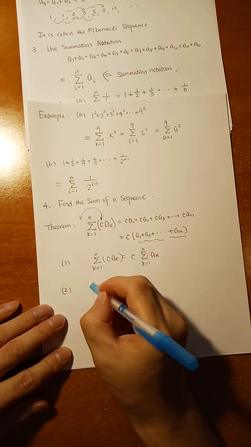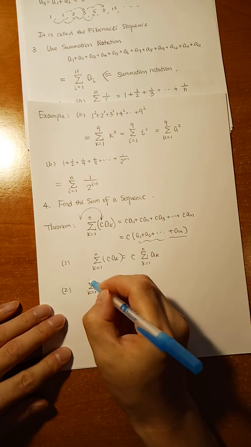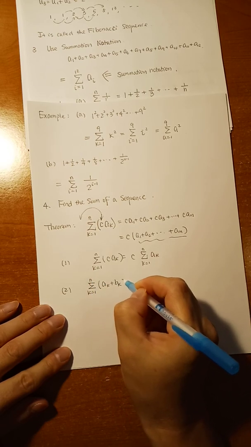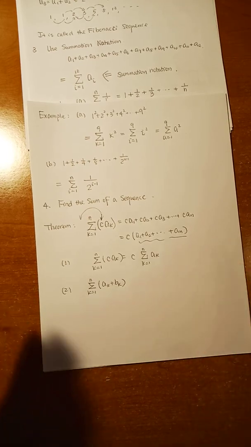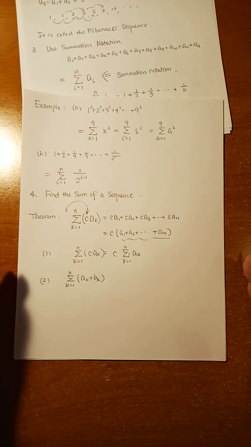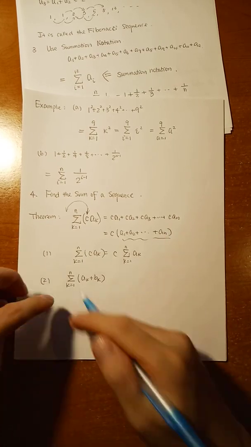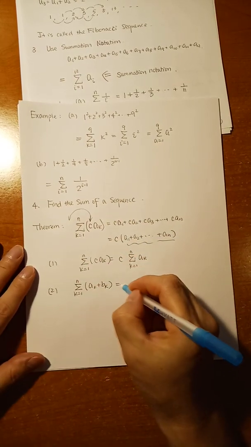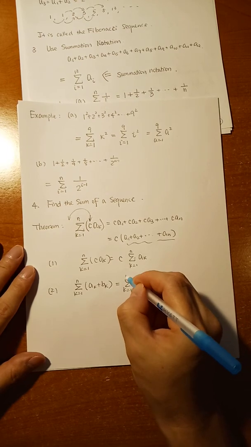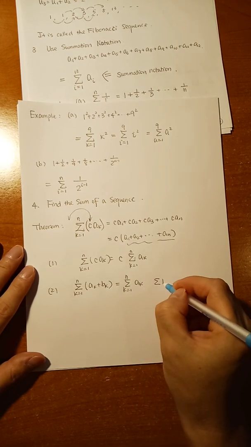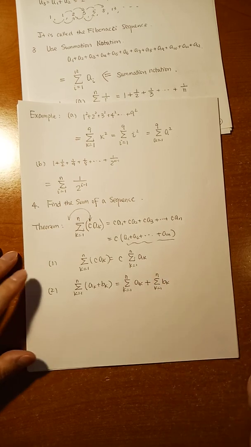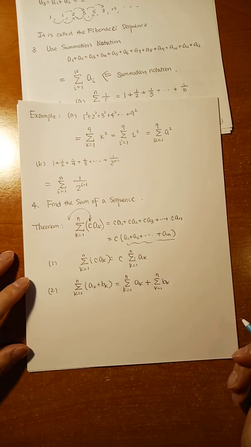Second property, if you have a_k plus b_k, for example, a_1 plus b_1, a_2 plus b_2, a_3 plus b_3, a_4 plus b_4, you have those paired and you do the sum. It is equal to, you can add the a_k first and the b_k second, and then you add those two results together.